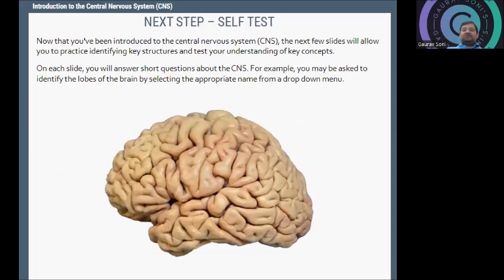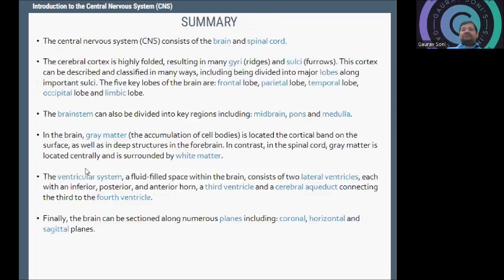Now, we can go further. We can summarize all the things we have done till now. The central nervous system consists of the brain and spinal cord. The cerebral cortex is highly folded, with gyri being ridges and sulci being furrows. This cortex can be described and classified in many ways, dividing into major lobes along with important sulci. The five key lobes are the frontal lobe, parietal lobe, temporal lobe, occipital lobe, and limbic lobe.